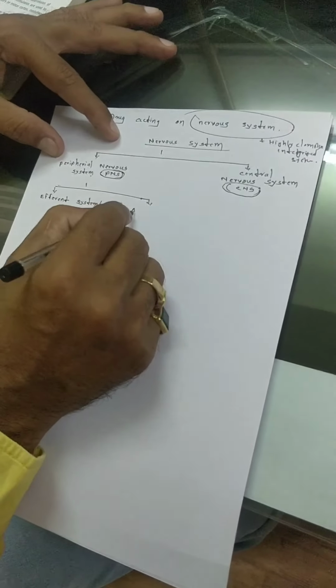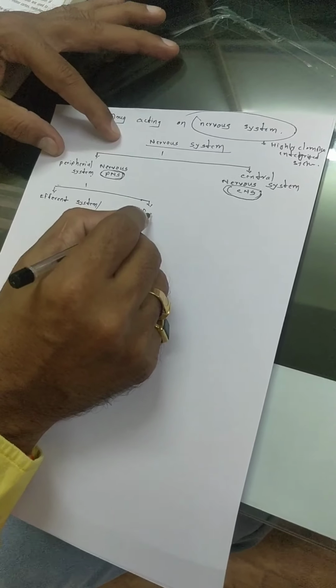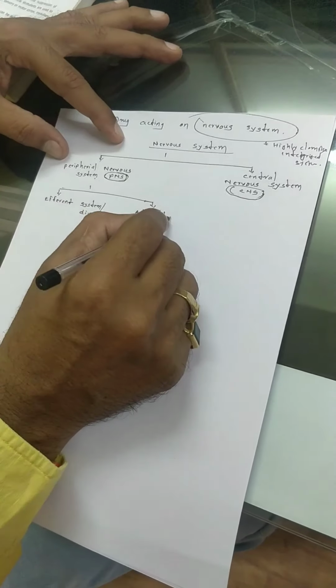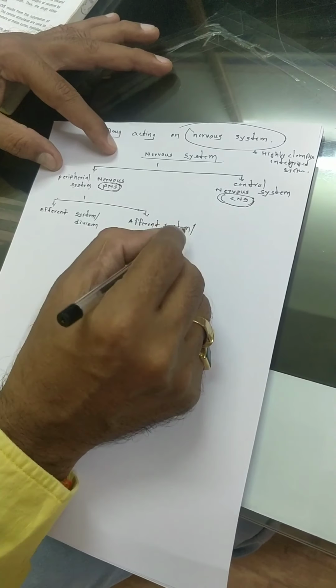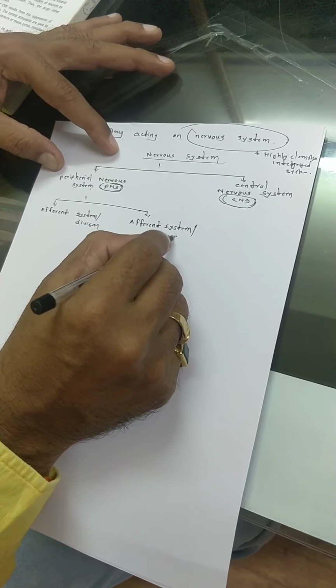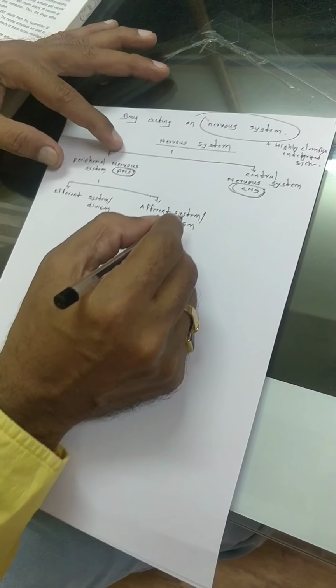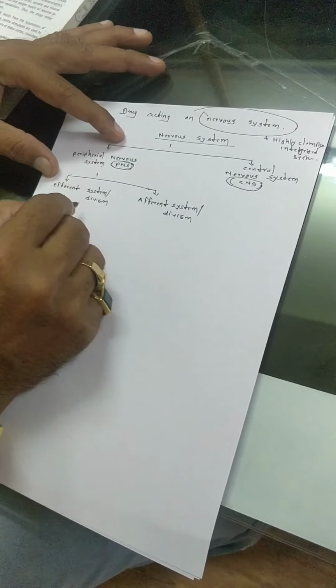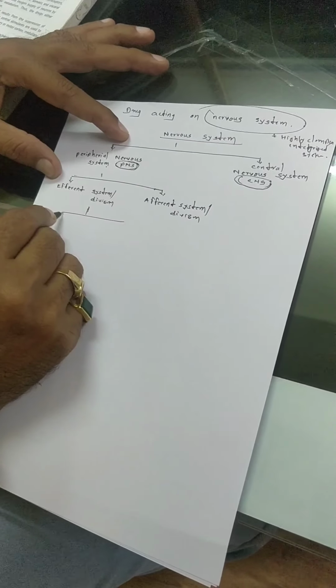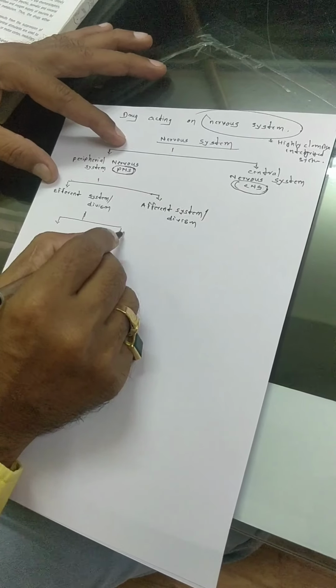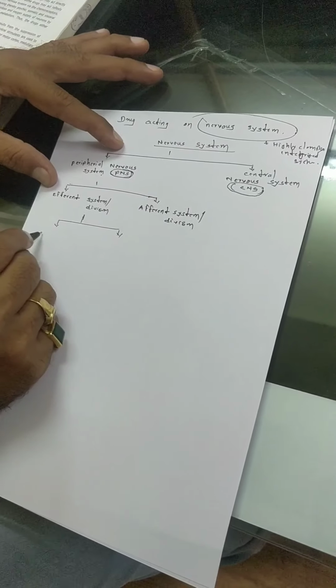Second is afferent system or division. And the efferent system again is subclassified into two types.